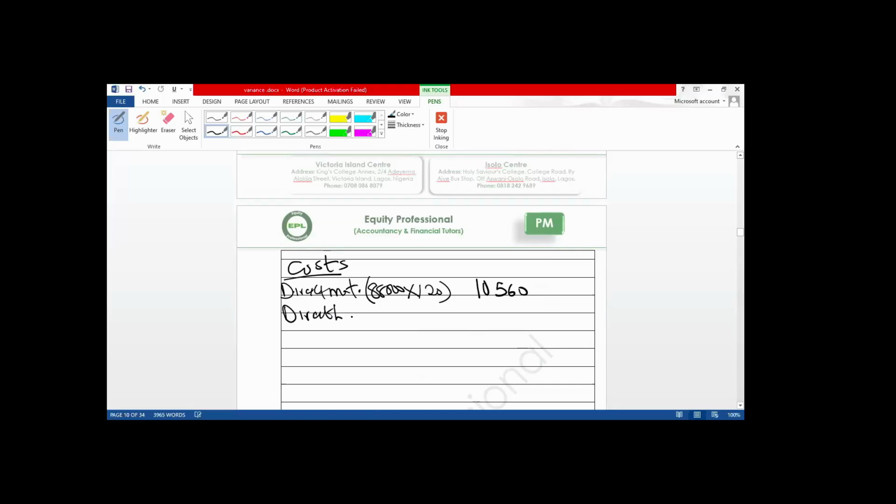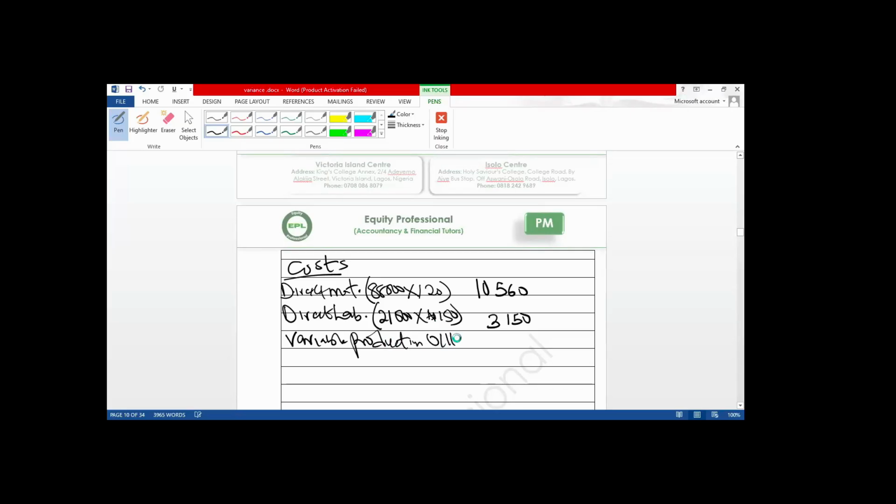Move to direct labor. Examiner says 21,000 labor hours at a rate of 150. That gives 3,150,000. Now pick your variable production overhead.